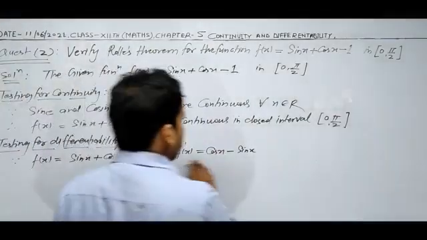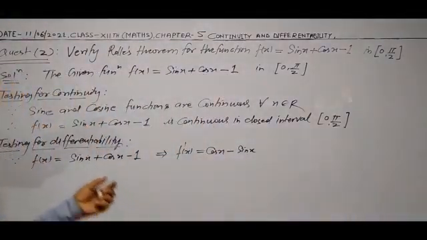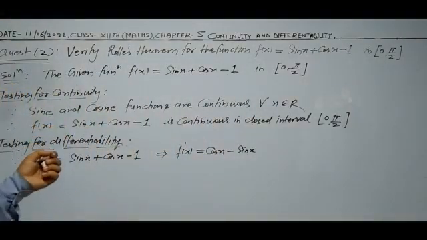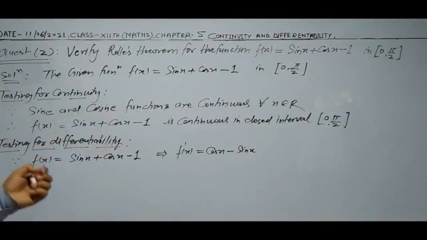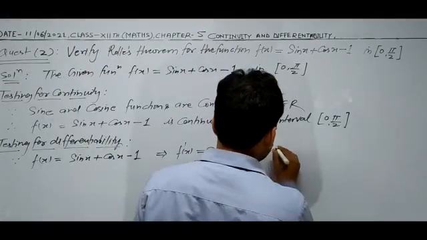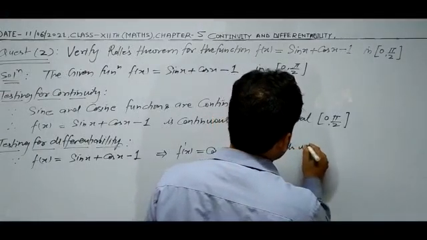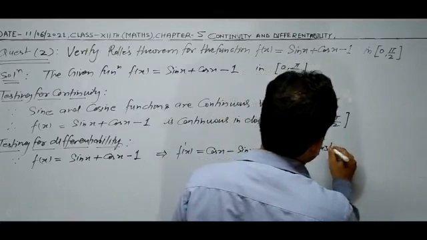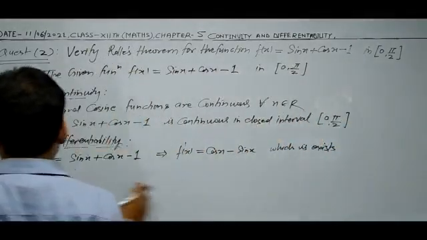This is the f dash x. So f dash x exists. You can say the function f dash x exists.